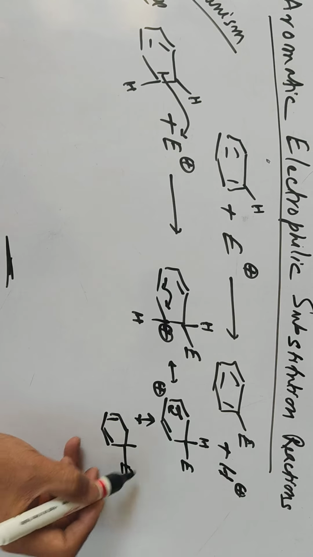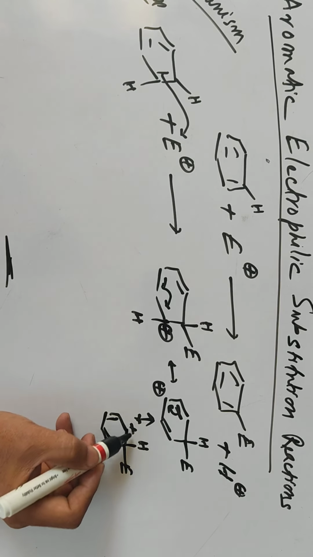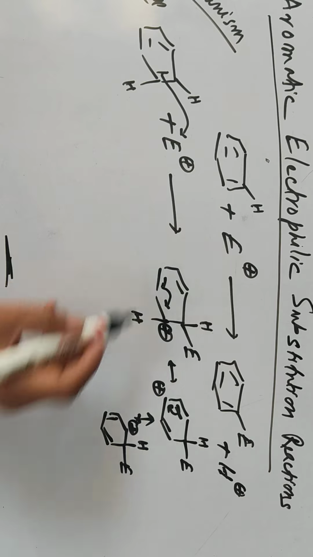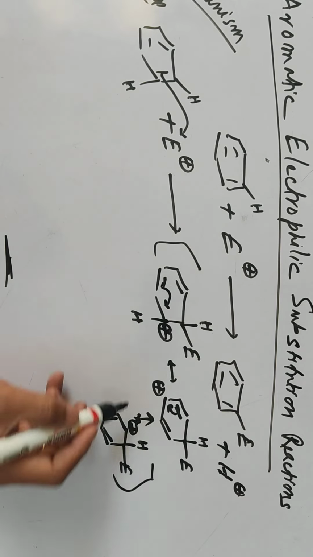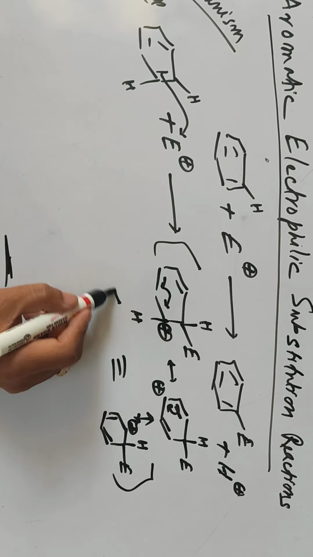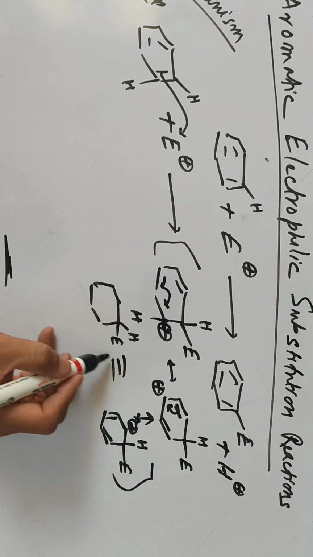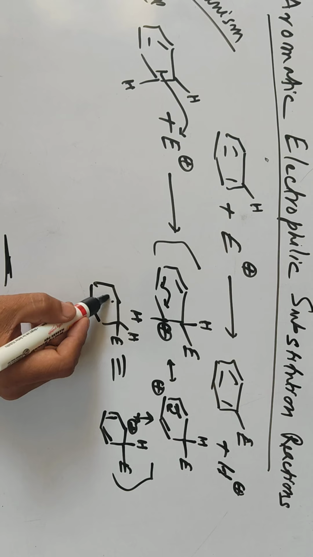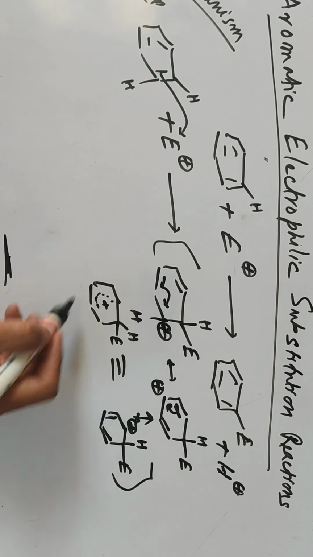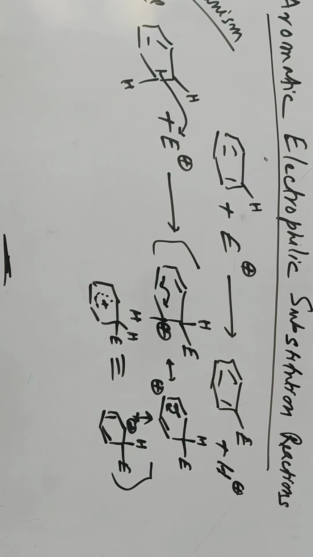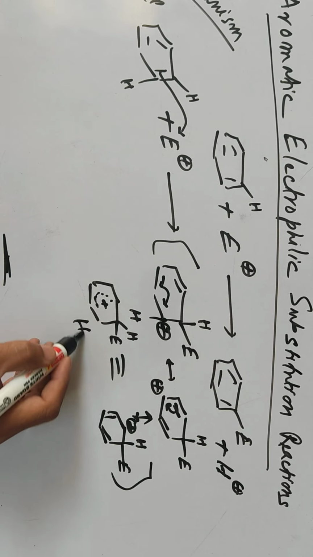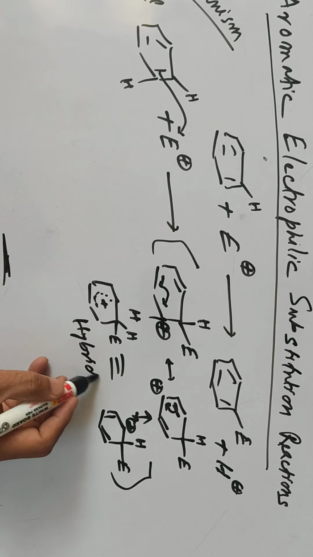These three can be written as a hybrid, an equilibrium type of hybrid system, with the delocalized charge over the three positions. So we can write a hybrid of this carbocation.